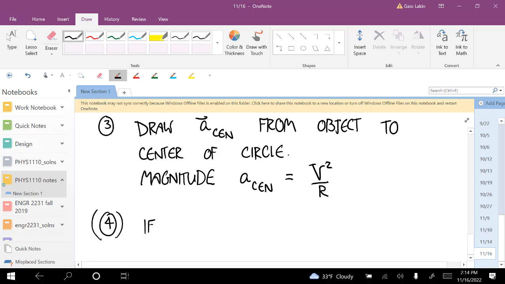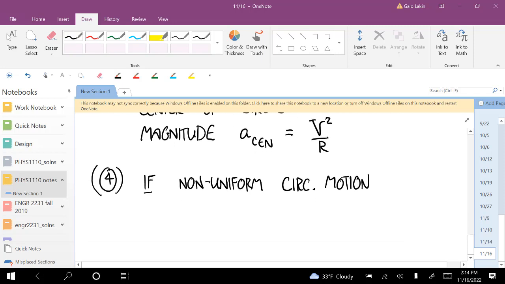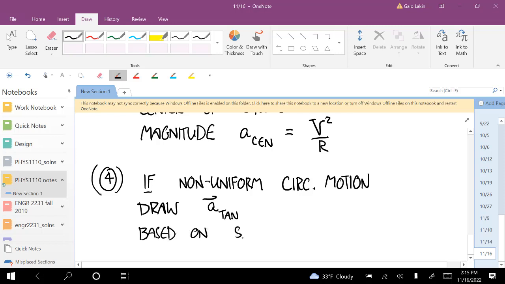If it's non-uniform circular motion, then draw the vector A tan, that tangential acceleration vector, based on whether it's speeding up or slowing down, like we've been doing in our lab exercises for non-circular problems.